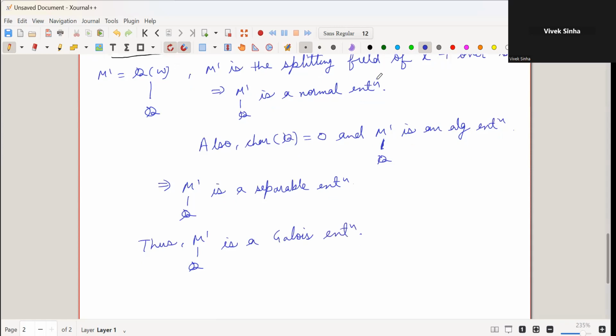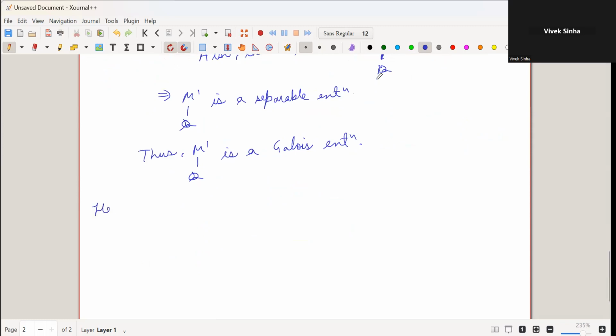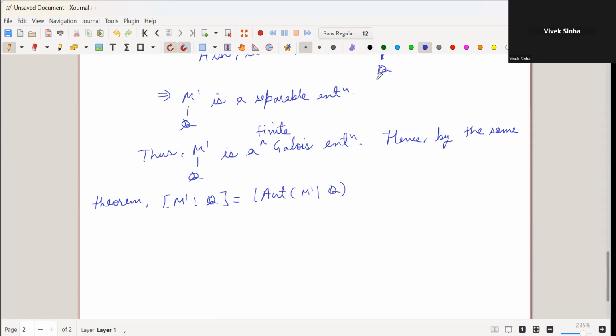Thus, by the same theorem, since it's a finite Galois extension also, we have the dimension of M dash over Q is the same as the order of the automorphism group, right? And what is the dimension of M dash?